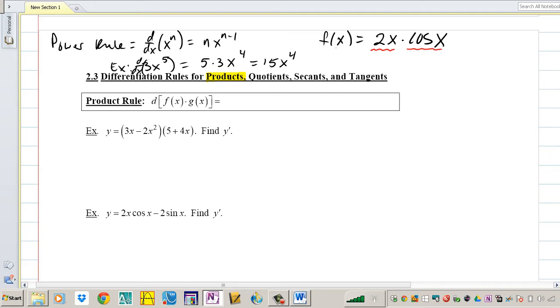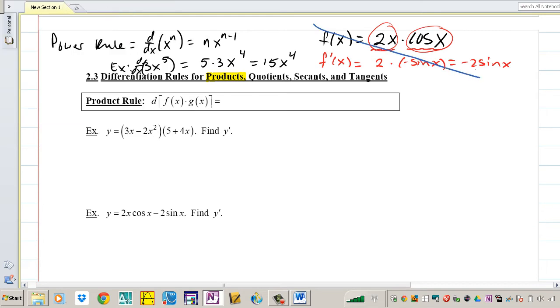Now, one big misconception that I used to see last year and the year before that was that my students would take the derivative of each term and then multiply it together. For example, the derivative of 2x is 2, and the derivative of cosine x was negative sine x. And then they would answer negative 2 sine x, and that is incorrect.